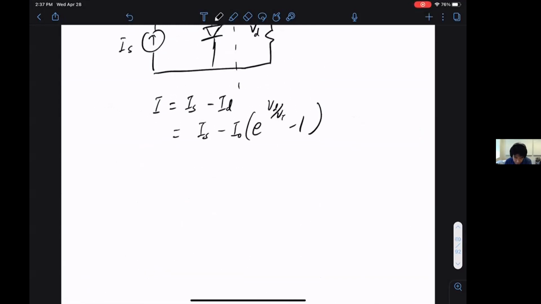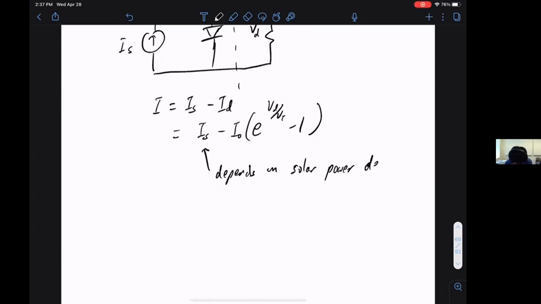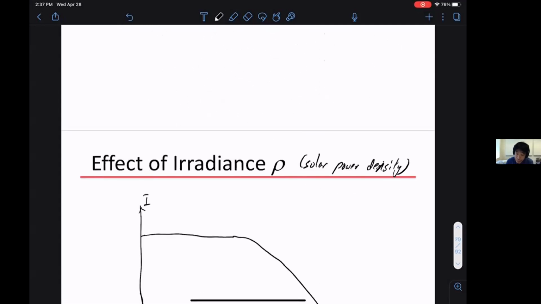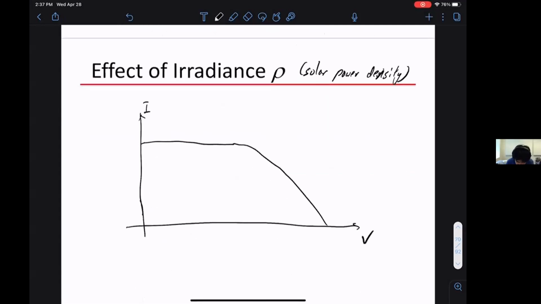That's because of how the solar irradiance comes into the solar current, which depends on the solar power density. As we get more irradiance, more sunlight, this whole thing just shifts up by a constant.